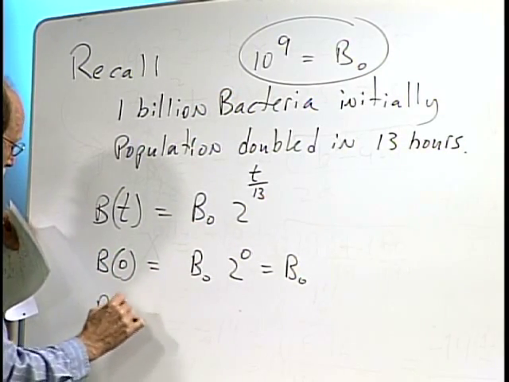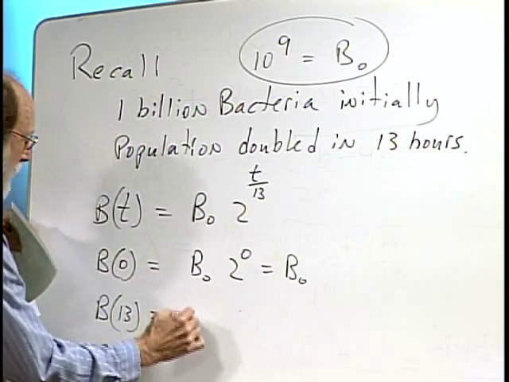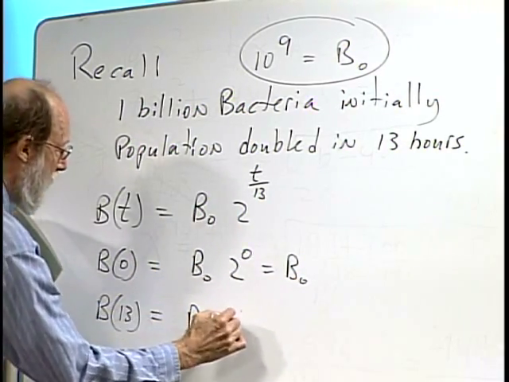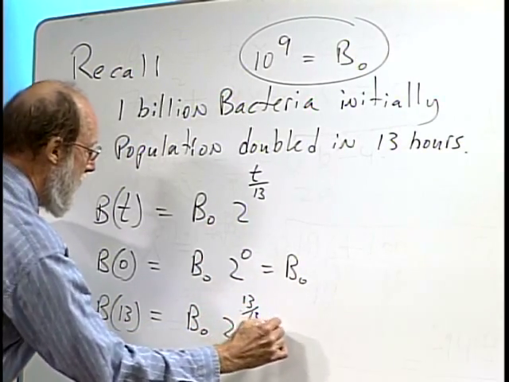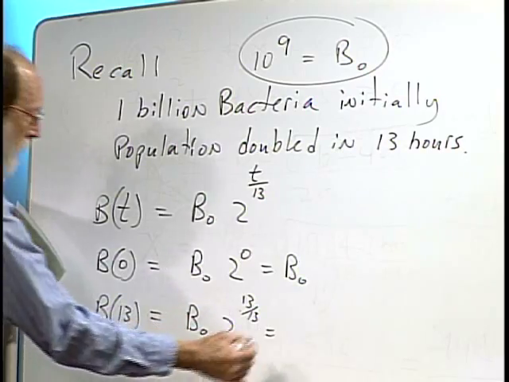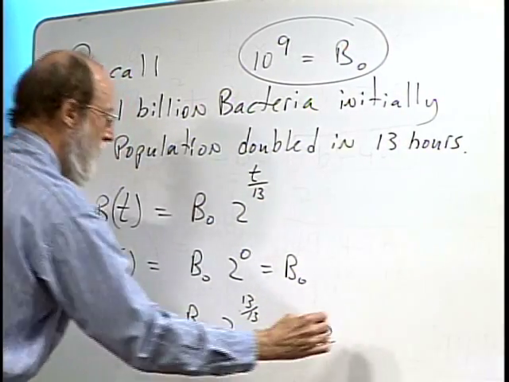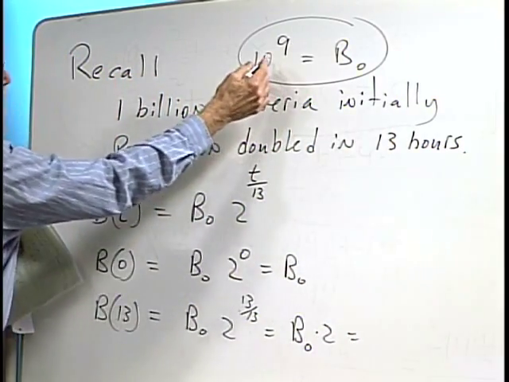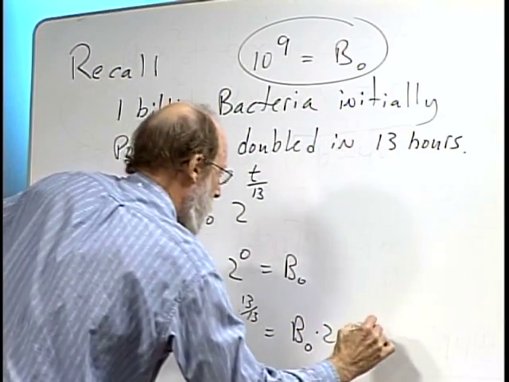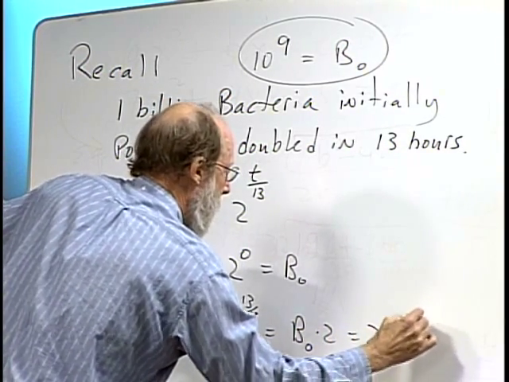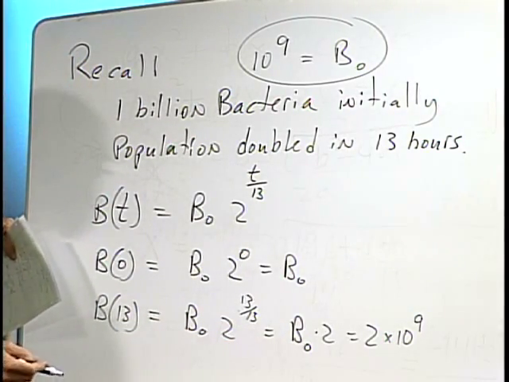At 13 hours, then we have that initial population times 2 raised to the 13 over 13, which is just 2 to the first power, so that's equal to B naught times 2. In the case of our initial population being 1 billion, we end up with 2 times 10 to the 9th, and so 2 billion after 13 hours.